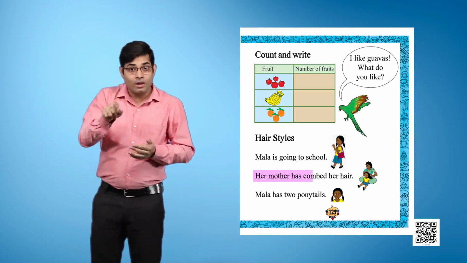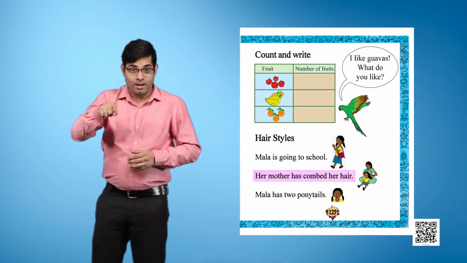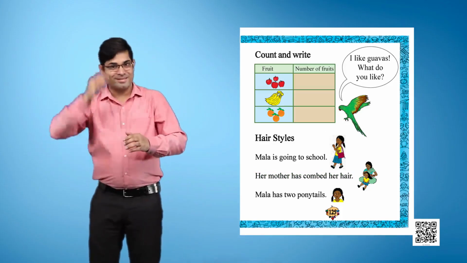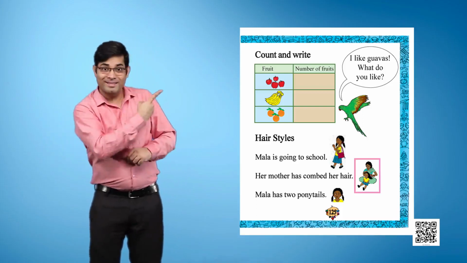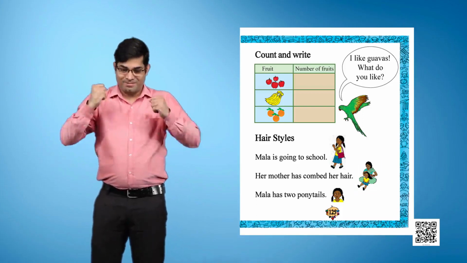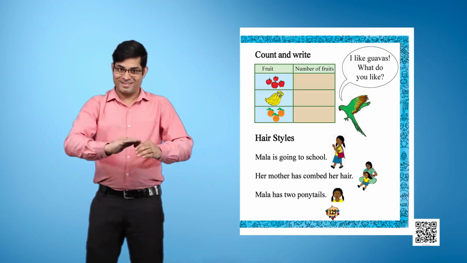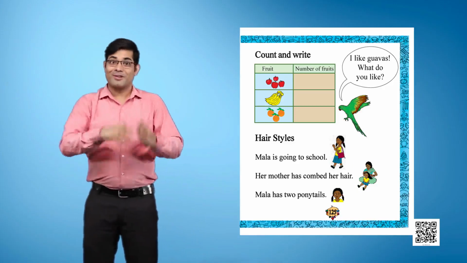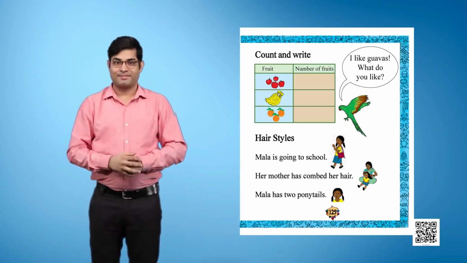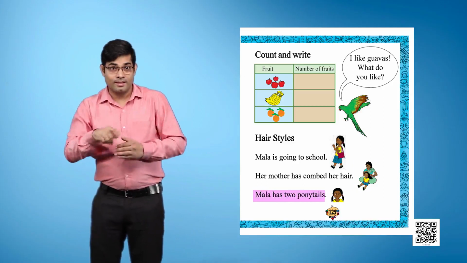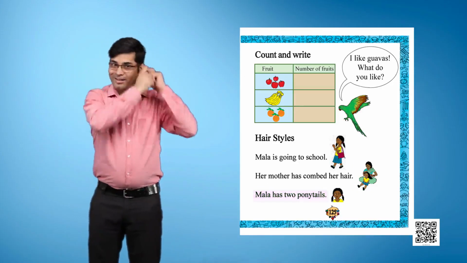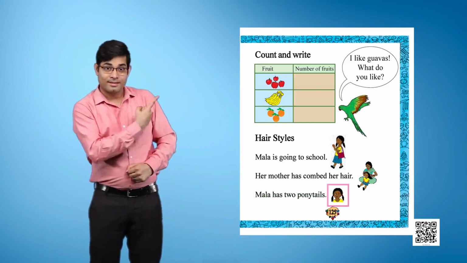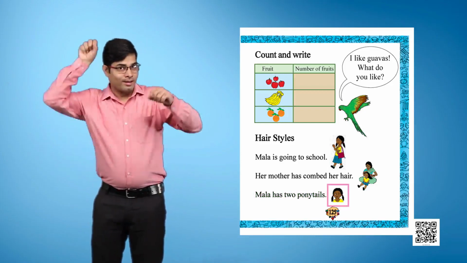Her mother has combed her hair. The picture on the right side shows Mala sitting in front of her mother who is combing her hair. Mala has 2 ponytails. The picture shows face of Mala with 2 ponytails.